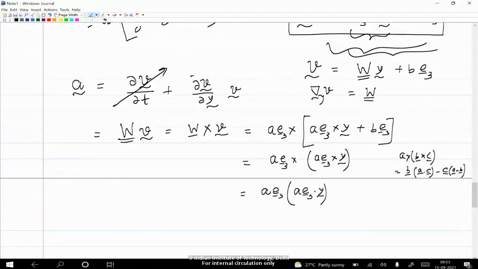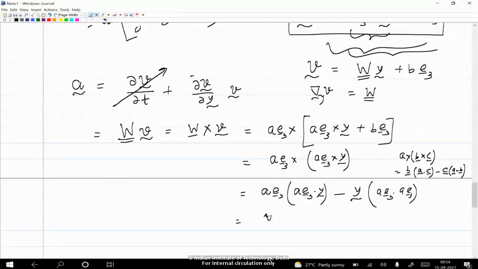That's how I used to remember, back minus cab. So I use this formula, and that is the first term, a e3 times a e3 dot y, minus y times a e3 dot a e3. So a e3 dot y means we just need the third component of y, so that's y3.